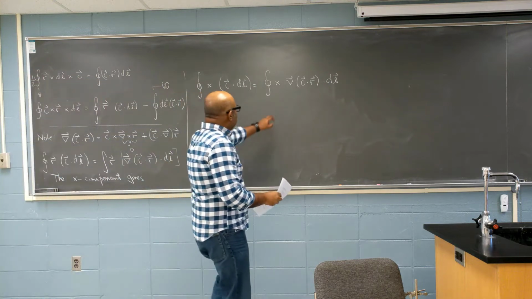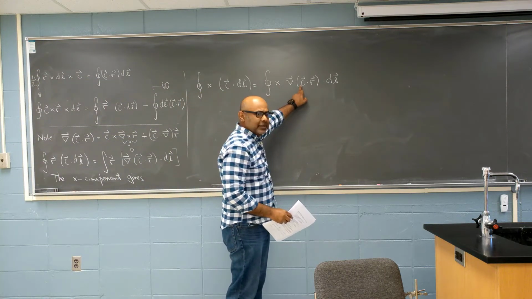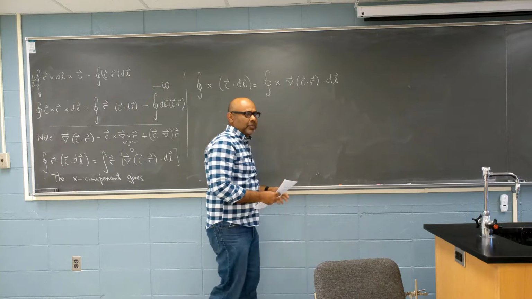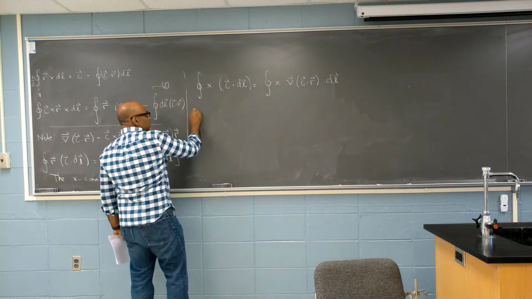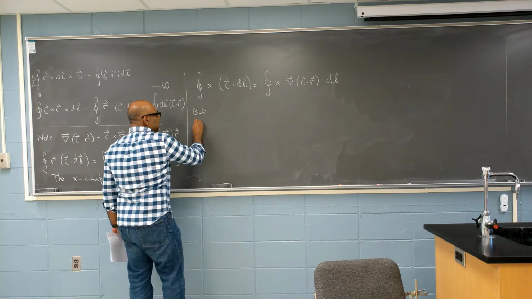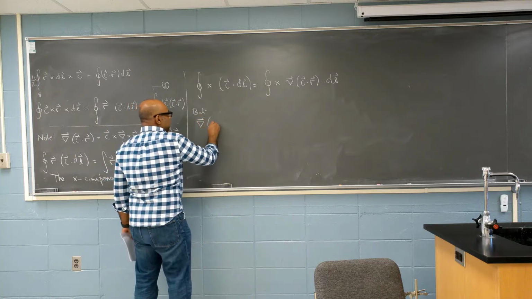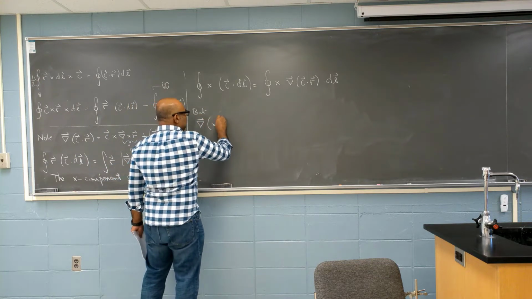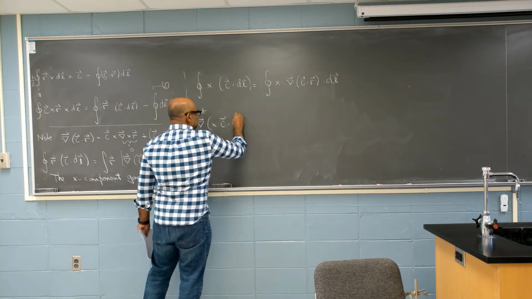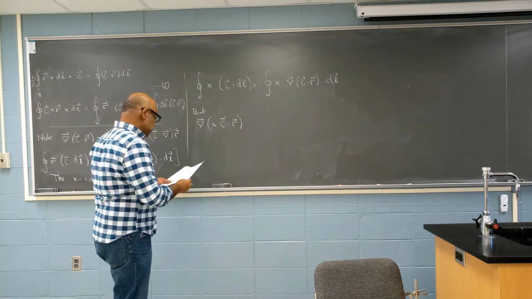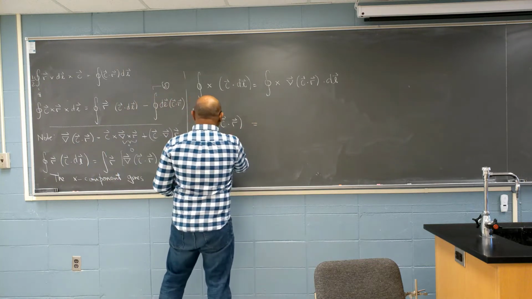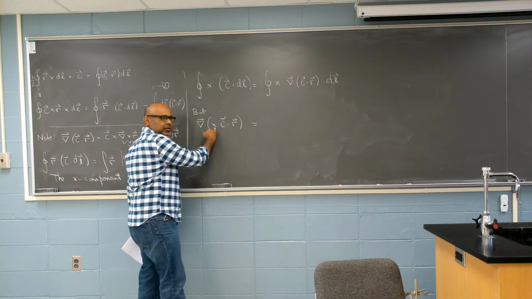Now, what I want to do is I want to take this inside. So I'm going to look at what's this guy. Well, that's equal to, first I'm going to take the gradient of this guy.